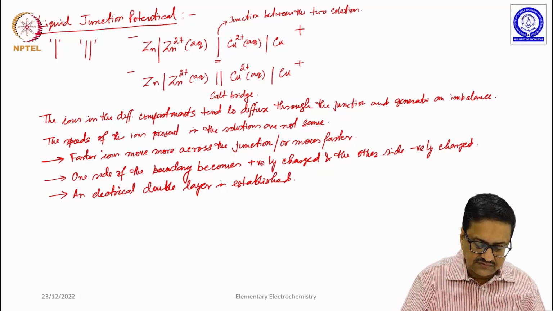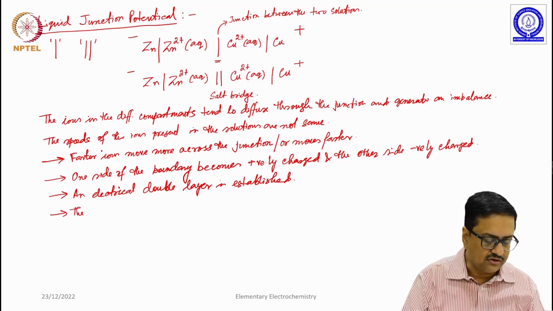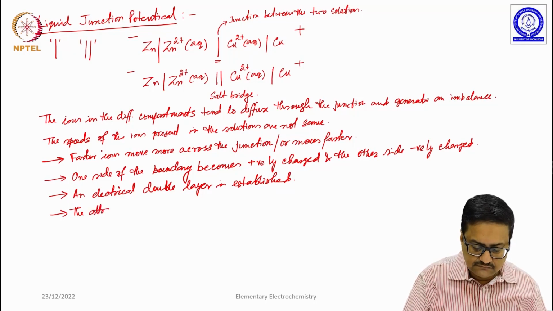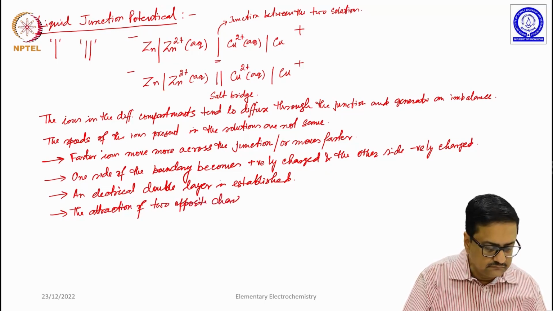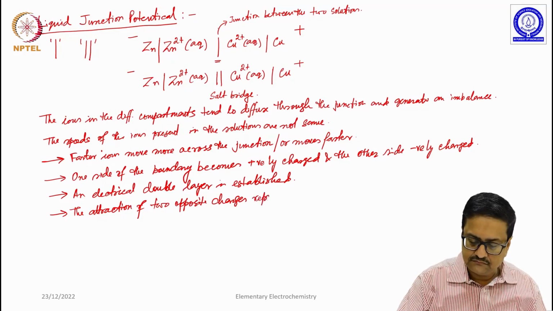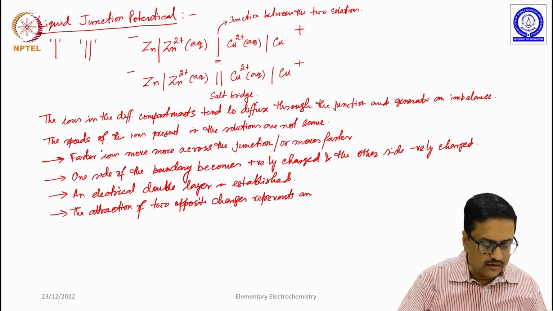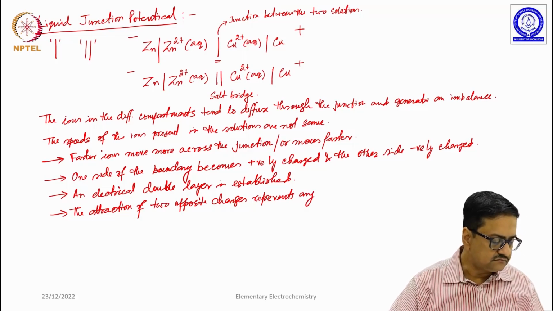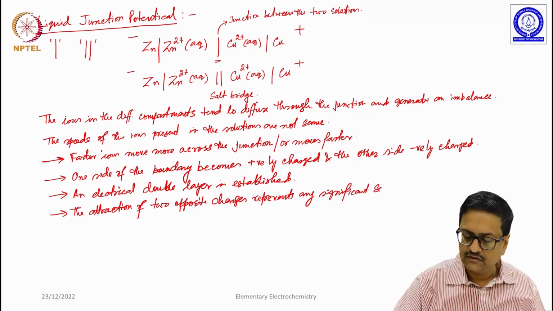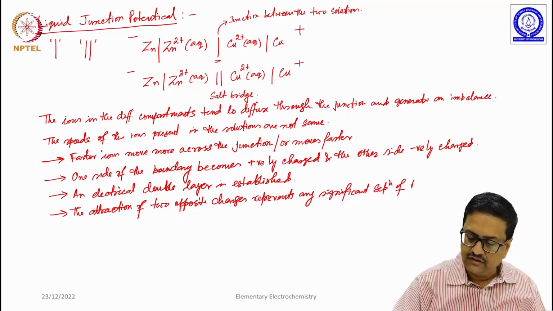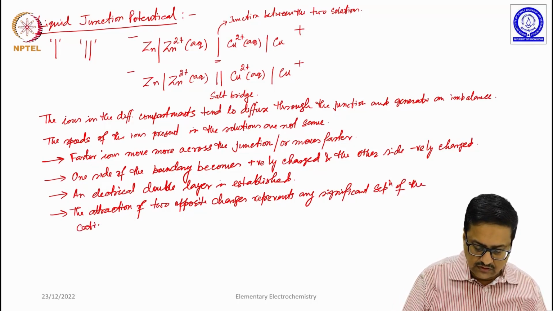Because of that double layer, the attraction of the two opposite charges prevents any significant separation of the cations and the anions.